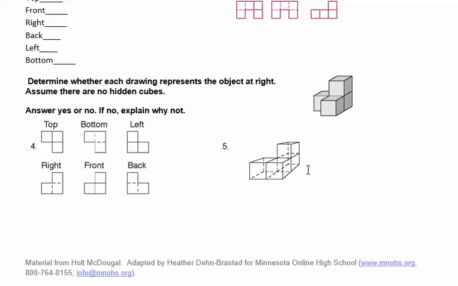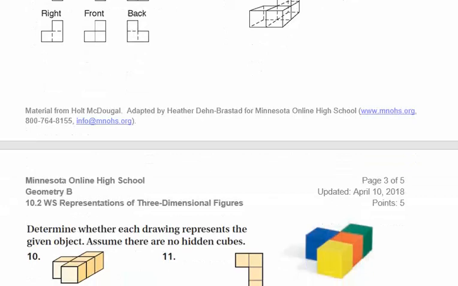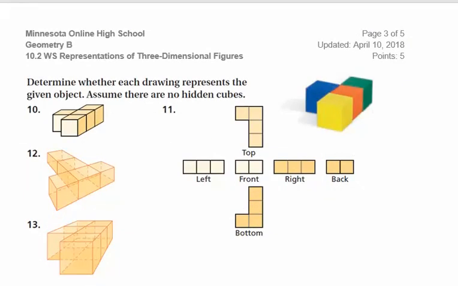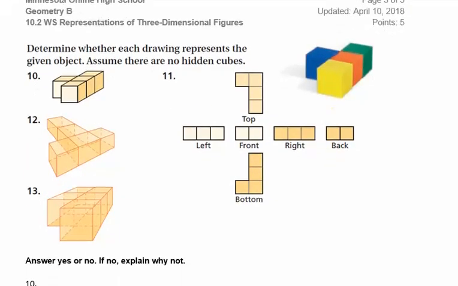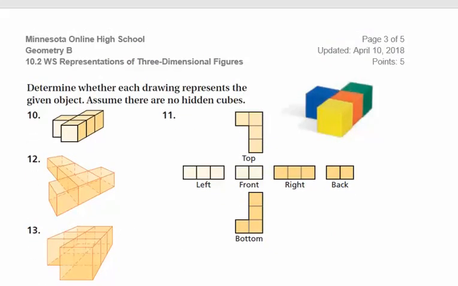And if it's no, explain what the problem is. And you don't have to be super detailed, but say if there's a block out of place or if there's something missing. And that's the same for 10, 11, 12, and 13. I know the numbering does not go sequential from 1 to 12 on this worksheet because I found these problems in different places.